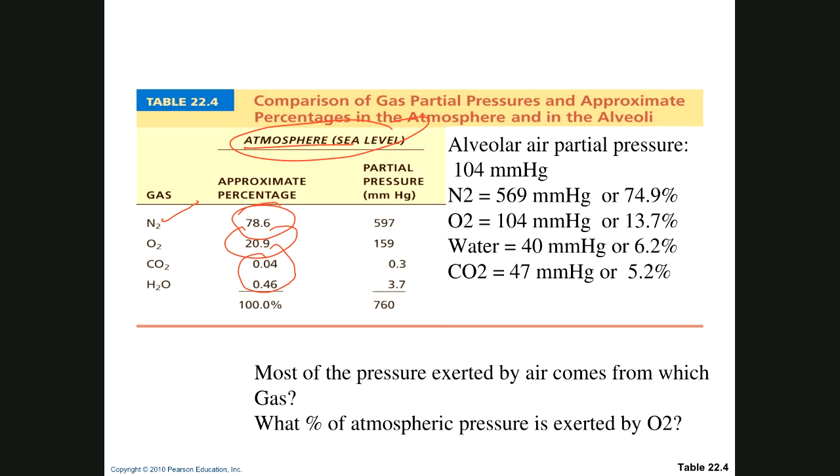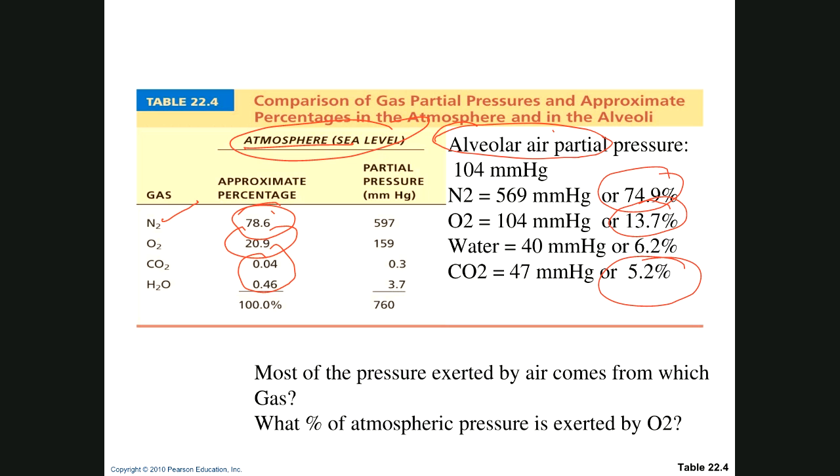Contrast that with the air in the lungs, in the alveoli, which is extremely different. In the alveoli, yeah, we have mostly nitrogen. That doesn't change. We have less percentage of oxygen than we had in the air, but more importantly, CO2 is 5 times more than out in the air.